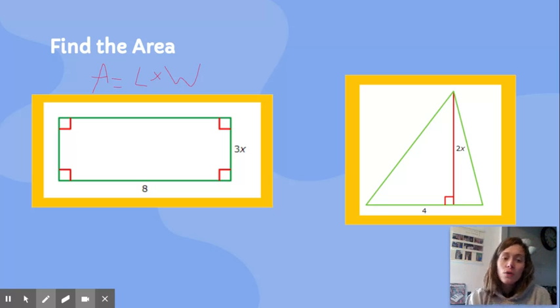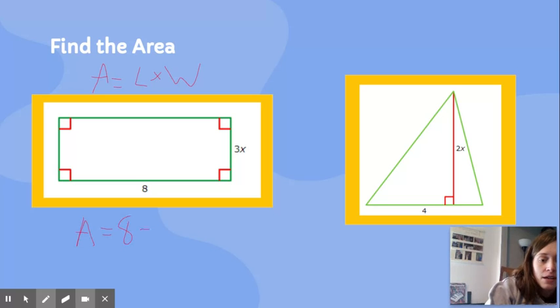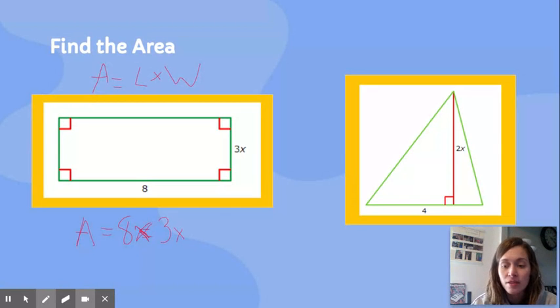And so in this case, we have a length, we can say, of 8 here, and a width of, oops, this is supposed to be a times, 3x. So I can think of this as 8 times 3x. So we're just multiplying the monomials, 8 and 3x together. When we simplify that, that'll be our answer.